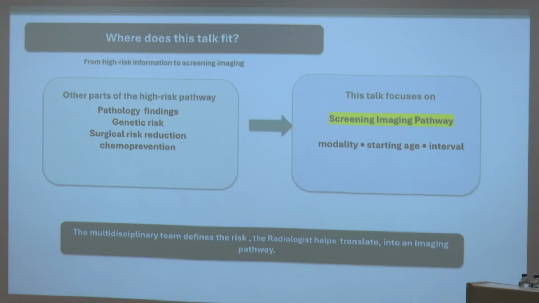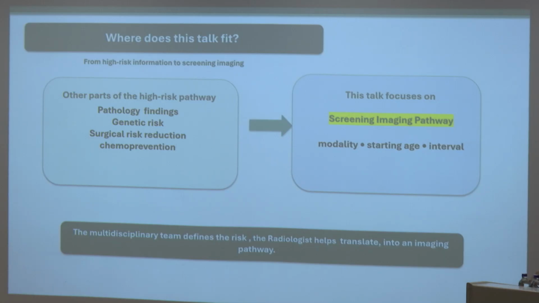The previous talks covered the other parts of the high-risk pathway: the pathology findings, the mutation, the genetic risk, the surgical risk reduction, and the chemoprevention. My talk is focused on the screening imaging pathway with the modality, the starting age, and the interval.